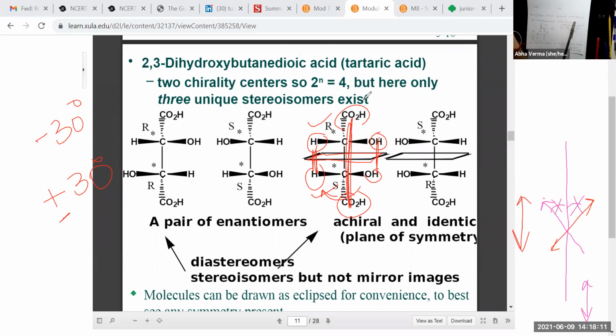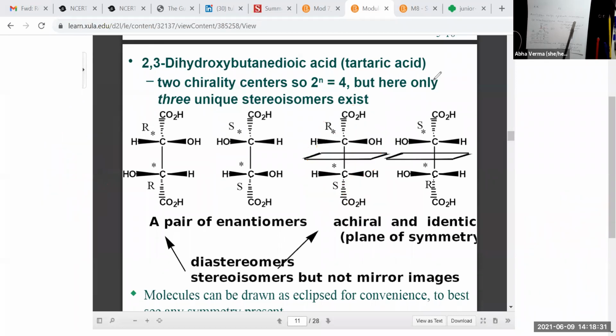They will cancel out each other's rotations. And this molecule, even though it has 2 chiral centers, will be considered achiral. Okay, so achiral and plane of symmetry. So this is what our meso structures will look like.